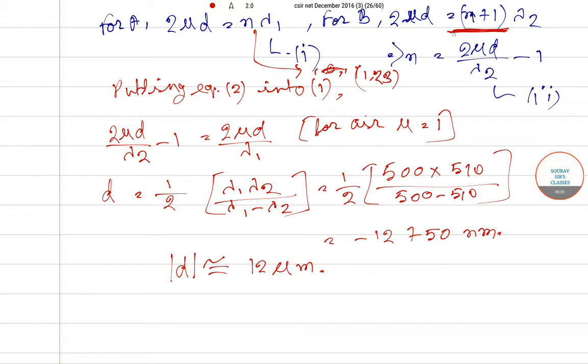So we can write 2 mu d equals (n plus 1) into lambda 2. Putting equation 2 into equation 1, d can be calculated, and the distance d is closest to 12 micrometer.